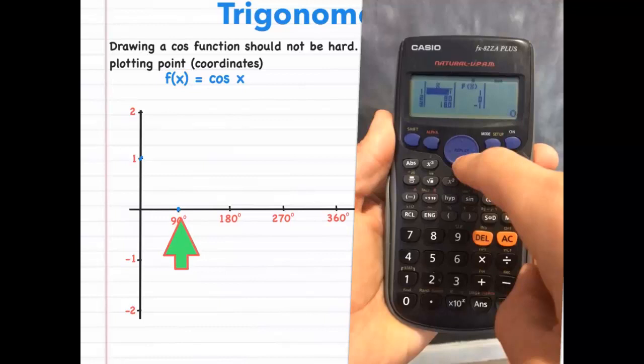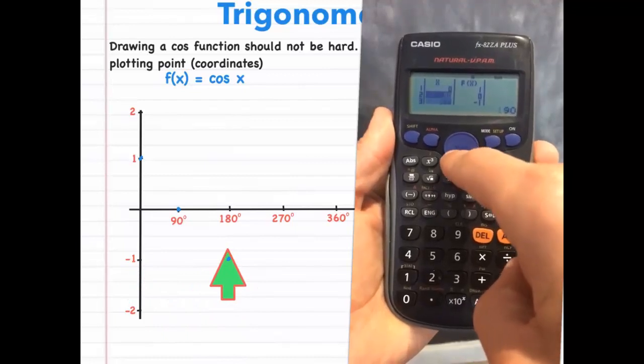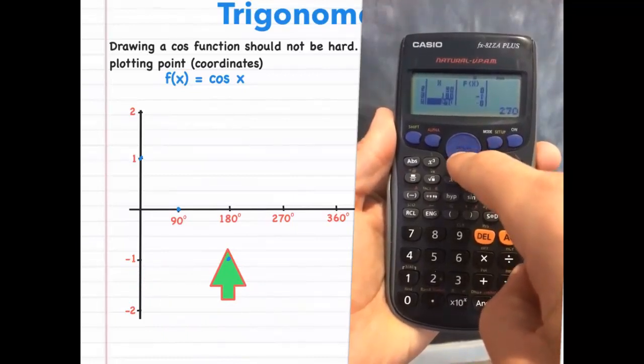Okay, great. Now let's go and check the 180 degrees on our x-axis, which will have a y coordinate of -1. So there's 180. We go down to find -1, and we plot a dot in line with that. There's the coordinate point of 180 and -1. Then let's scroll down on our calculator, down, down, and down we go, and another one.